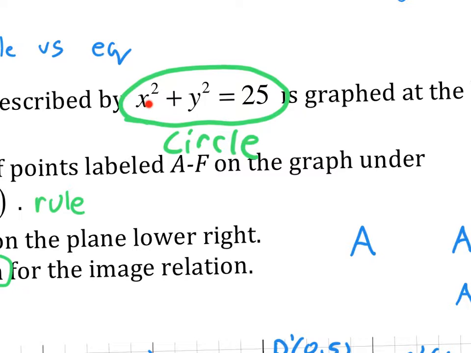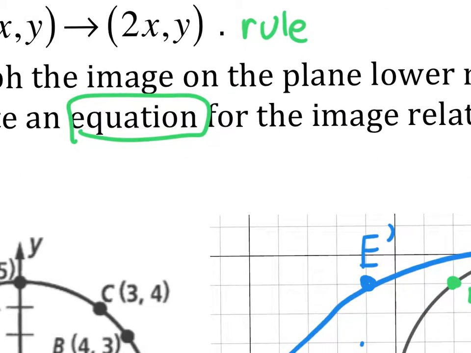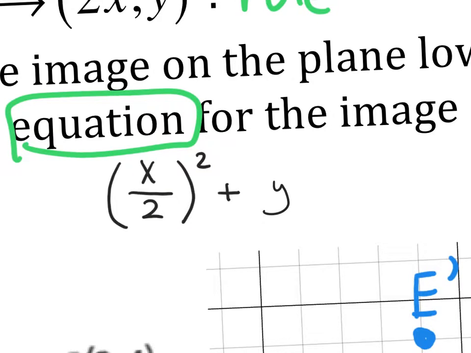So instead of multiplying by 2 on this x, I'm going to divide by 2. And that's it. So the equation here is going to look like this: x over 2, squared. Now the y stays exactly as is, and everything else does as well.